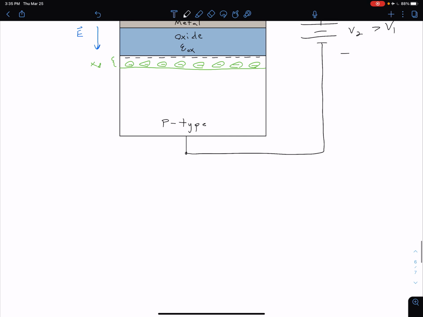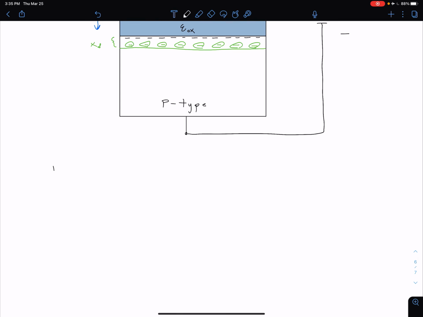Let's again write down the key points there. Our depletion width reaches a maximum.